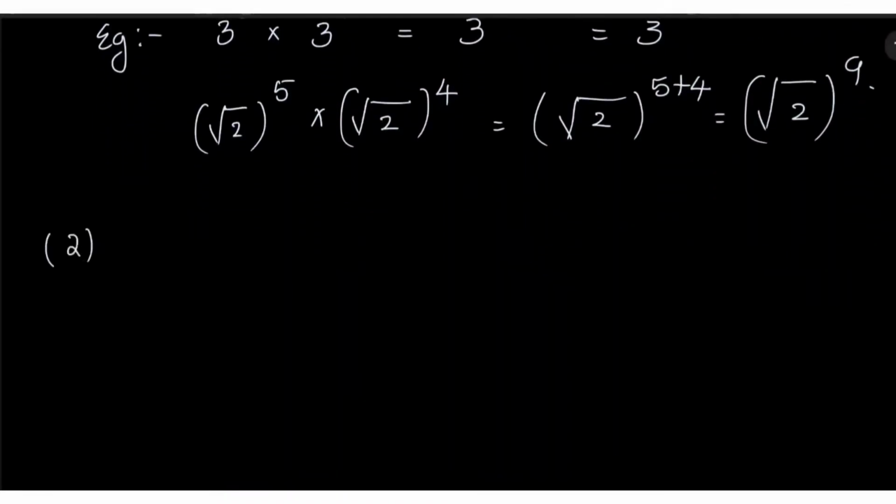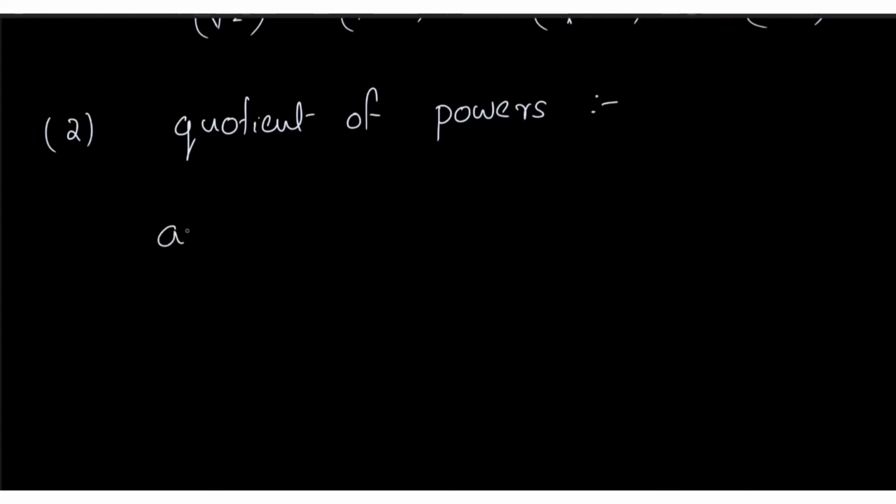Next is the second law, that is the quotient of powers. From the name itself we can assume that quotient means it is something related to division. So the second law is a raised to m divided by a raised to n is equal to a raised to m minus n.